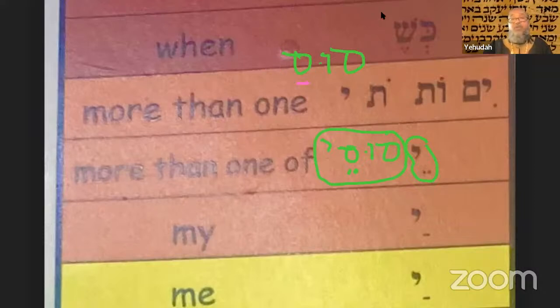If it was more than one, it'd be susot. It could look like that, susot, or it could just be the dot with the tav as you have right here. Or it could be susi. And susi is more than one.